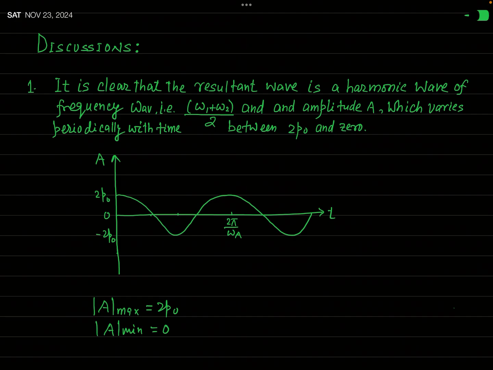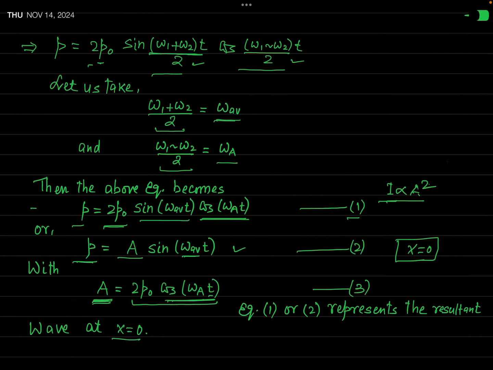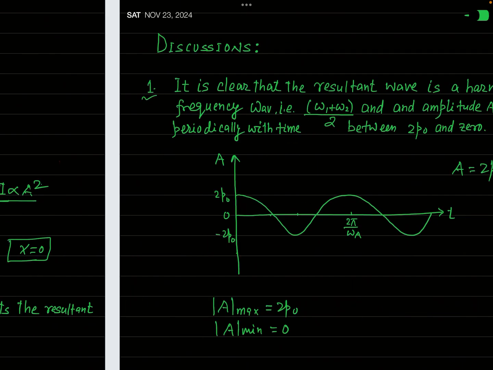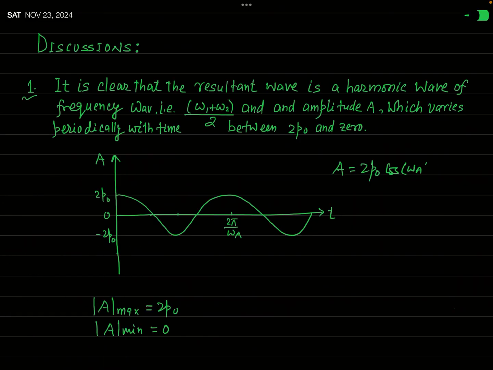regarding these beats. First of all, as I have told you, you can see the resultant amplitude A is equal to 2p naught cosine of omega a into t. And the resultant intensity I is equal to A times sine of omega average into t.